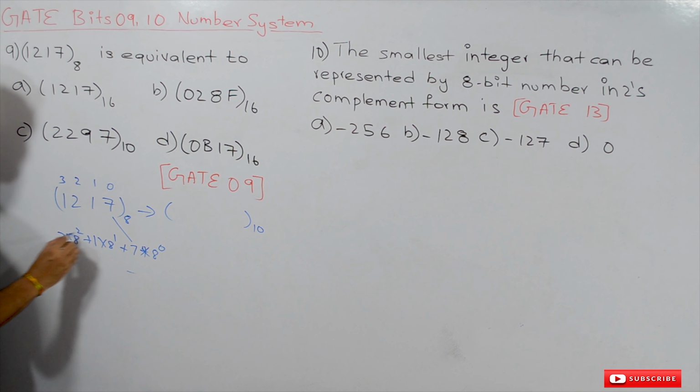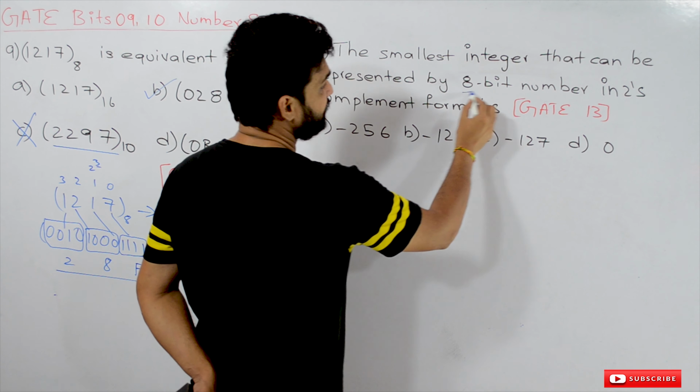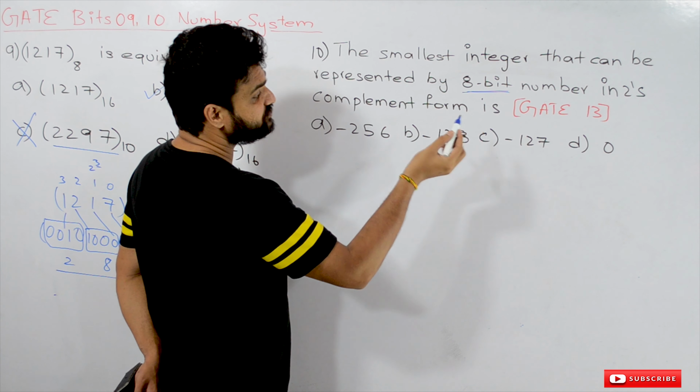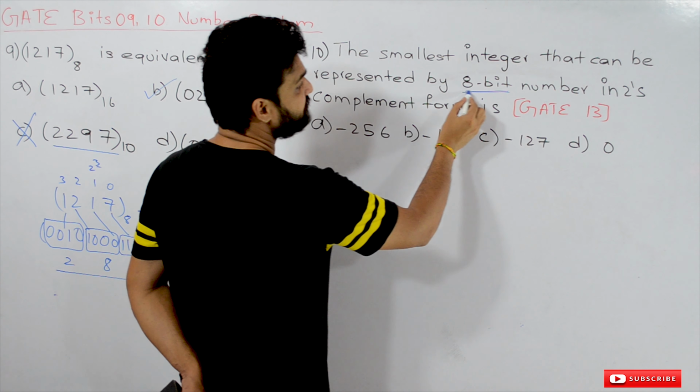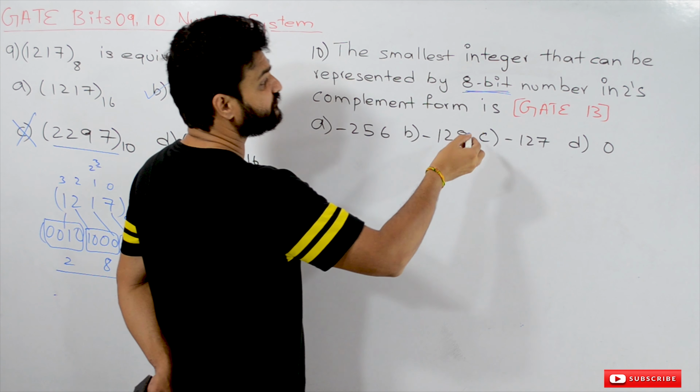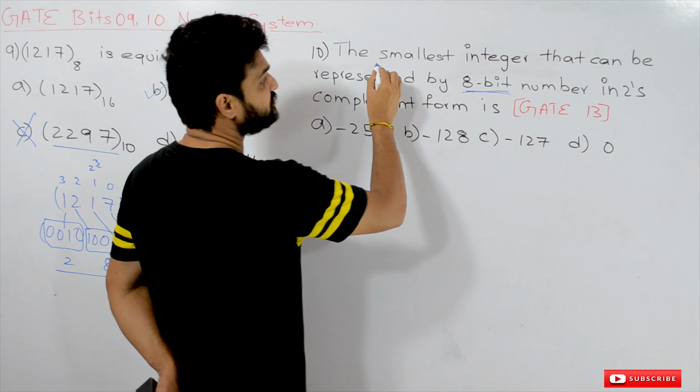They are asking us to find the range of numbers that can be formed by an 8-bit number, and in that range find the smallest integer. What is the range of a 2's complement representation? In general it is minus 2 power n minus 1 to 2 power n minus 1 minus 1.